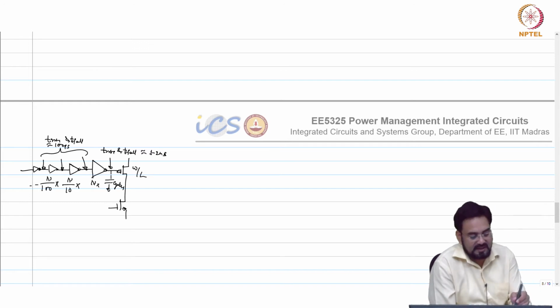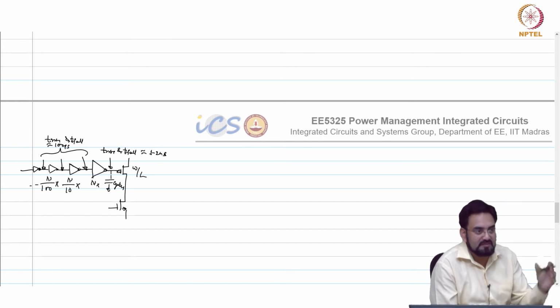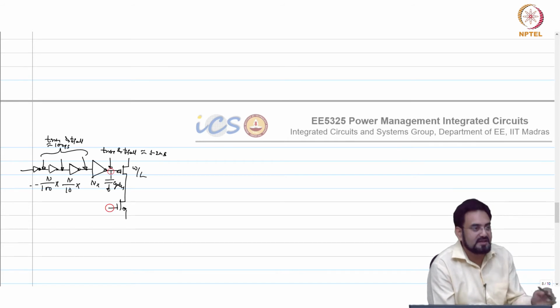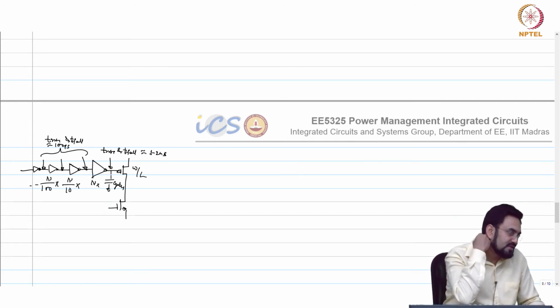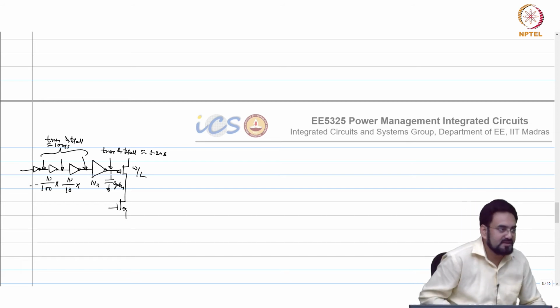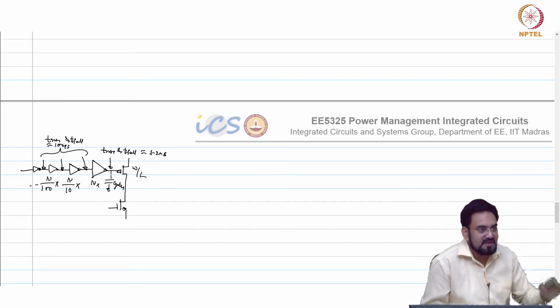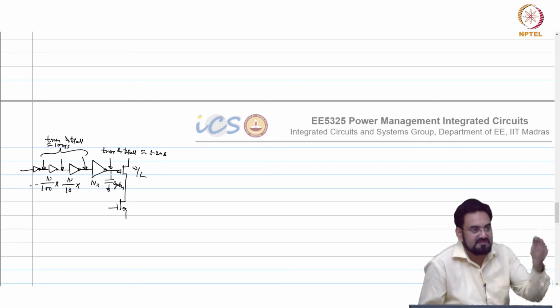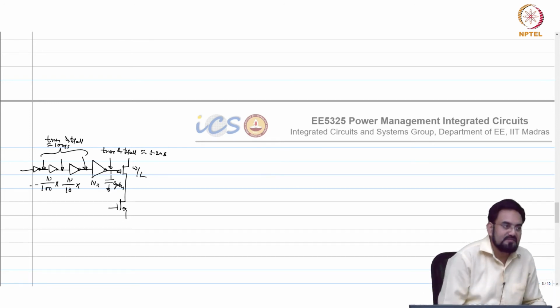You look at a cap here, but after that all the devices are the same, complementary NMOS and PMOS, because the gates are shorted. Here the gates are not shorted, so the same formula cannot be applied. That does not mean that this will be the size of this divided by 10; that may be even larger, maybe 50 times or so. Whatever the size of this, divide by 50, something like that.